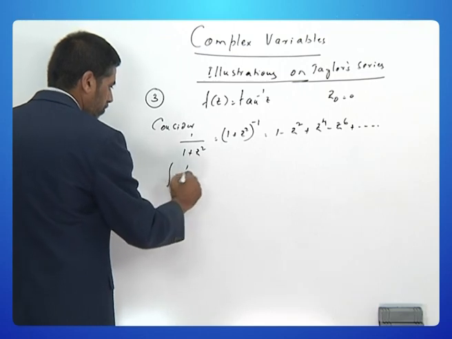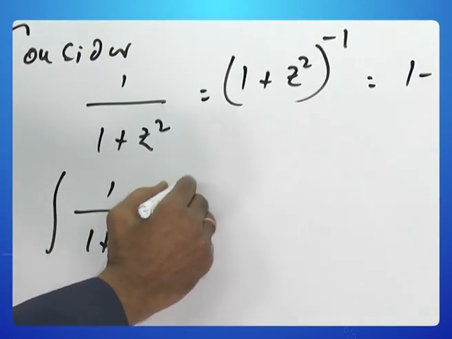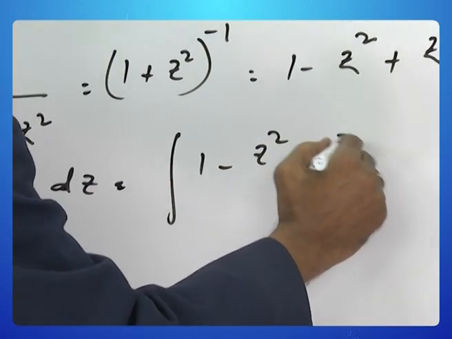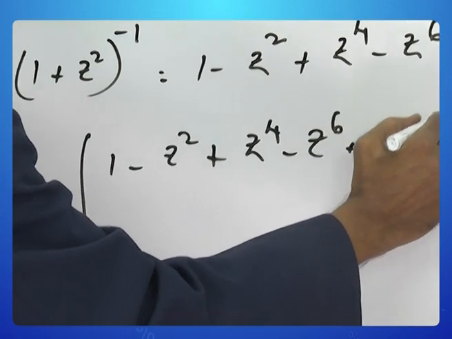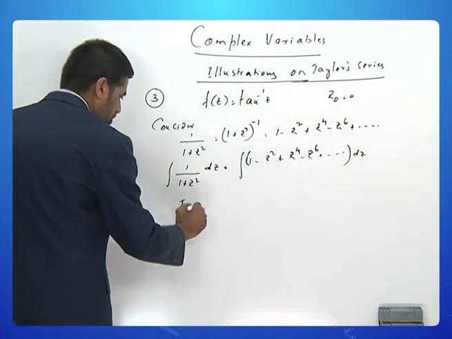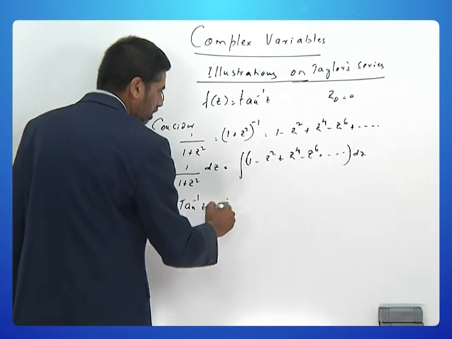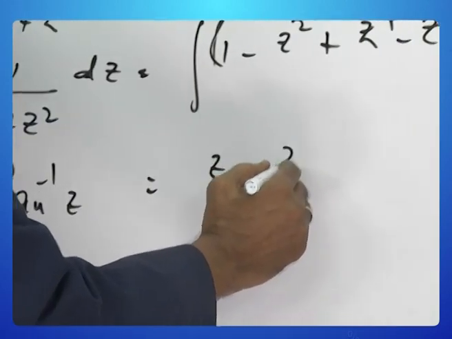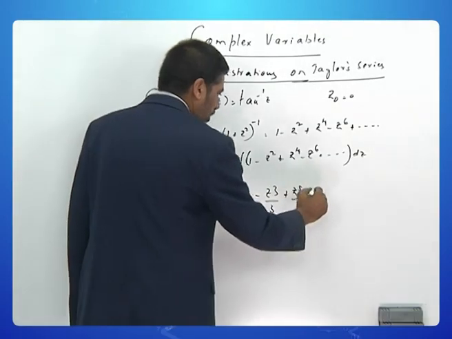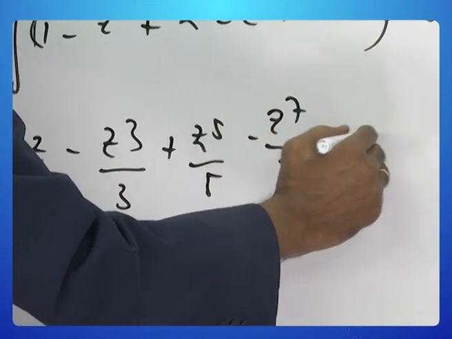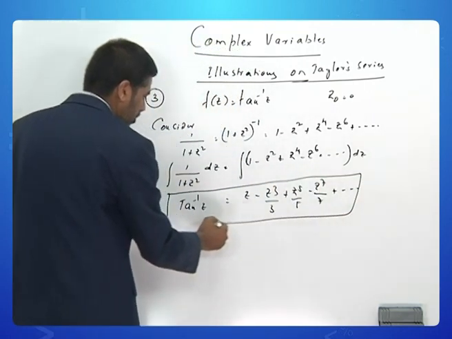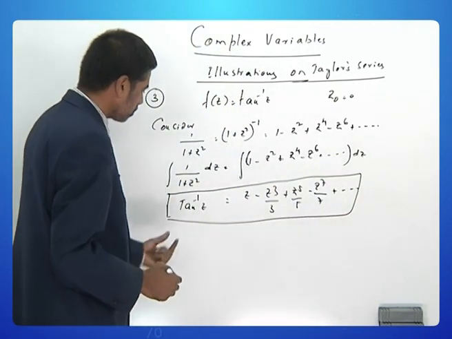If you now integrate, the left hand side produces tan inverse z, whose expansion we are seeking, and this is term by term integration: z minus z cube by 3 plus z power 5 by 5 minus z power 7 by 7 and so on. Perhaps this is the fastest way by which we can produce the power series expansion of tan inverse z.